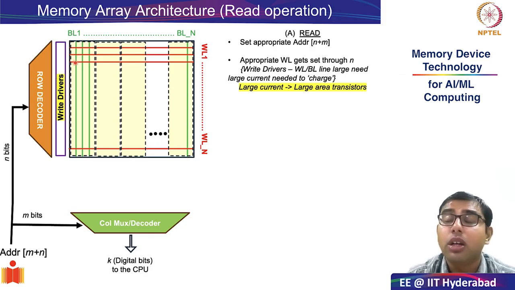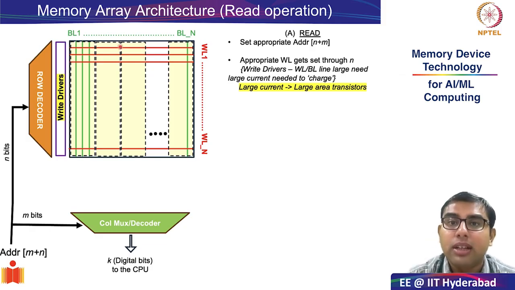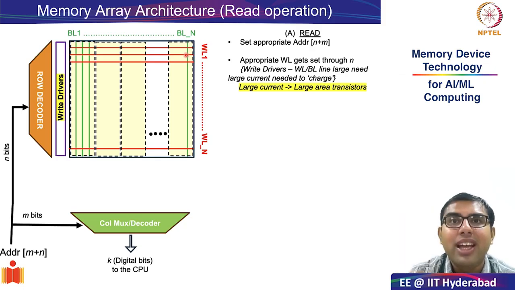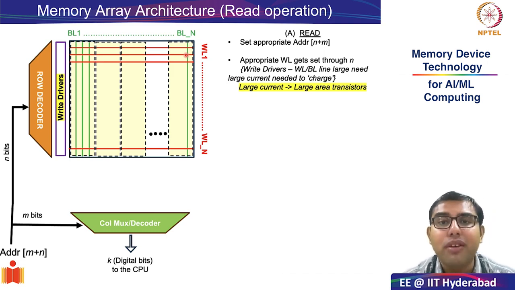Here it is important to realize, as you make array sizes larger, we discussed this in the previous class also, that these bit lines and word lines, although they might be copper interconnects, as you increase the size of these interconnects, it's not just the resistive element, but the entire impedance that must be considered.